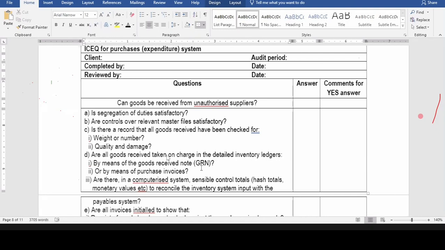Meaning that goods should be bought from authorized suppliers. What control should be in place to ensure that this does not happen? Is segregation of duties satisfactory? We are going to see controls in purchases. Are controls of a relevant master file satisfactory? Is there a record that all goods received have been checked?